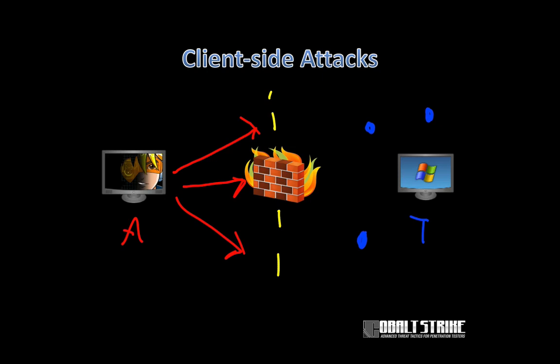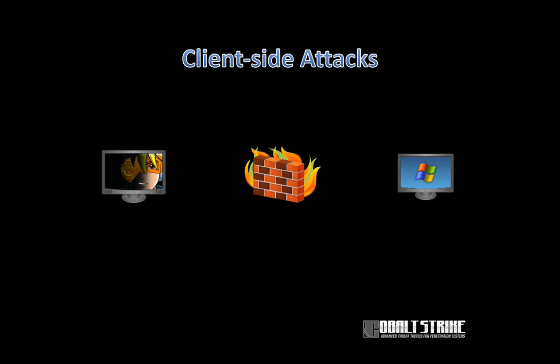I just can't reach them. So what is an enterprising attacker to do? Well, client-side attacks are a solution for an adversary who wants access to a network to work on their objectives.